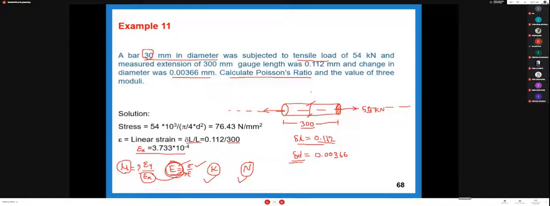Okay, this is the first value, and stress is defined as the force divided by area, and area is pi by 4 d square. So we get the stress value. Now we have to find out this E, Young modulus E. So we have stress divided by strain, meaning this value divided by this value.